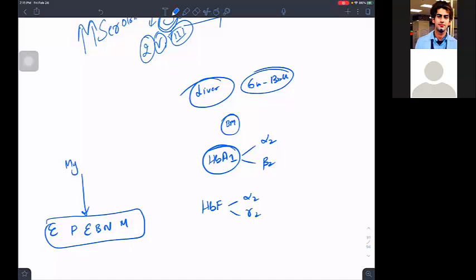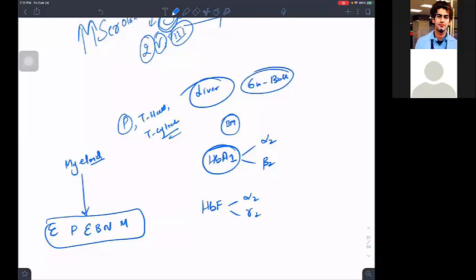Beautiful answer, myeloid stem cell. So what is lymphoid stem cell giving rise to? Lymphoid stem cell is giving rise to plasma cell, T helper cell, and T cytotoxic cell. Right?